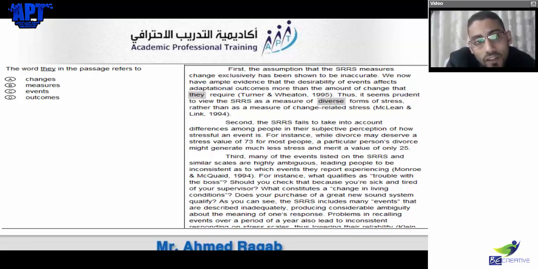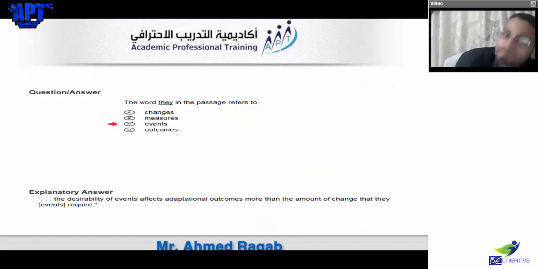We now have ample evidence that the desirability of events affects adaptational outcomes more than the amount of change that they require. The amount of change that they require, that refers to what? Events. Very much.